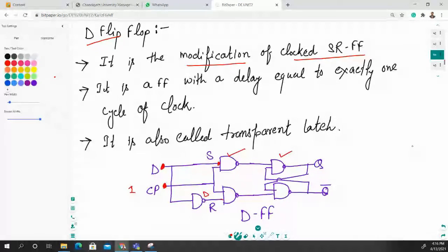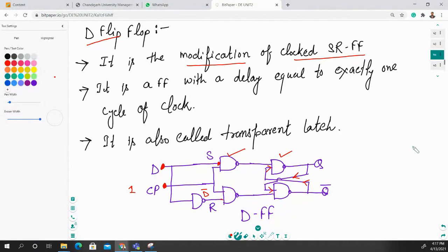The output right here is D bar. D bar is provided at this point, and you have to provide the clock signal right here. Then this particular AND gate would work, and accordingly with the help of these cross coupled connections, the output is fed back to the input side, and it will give you the output.